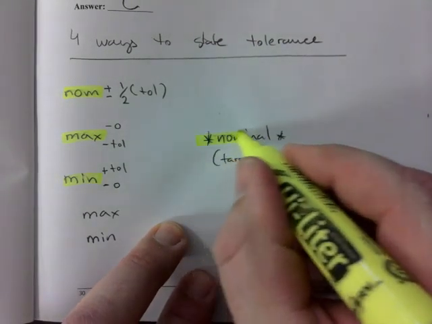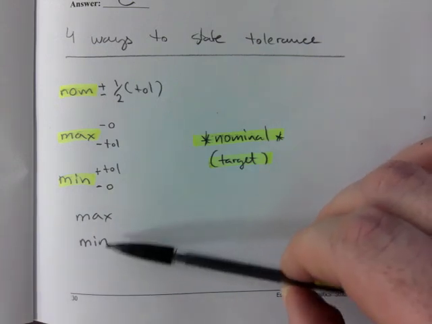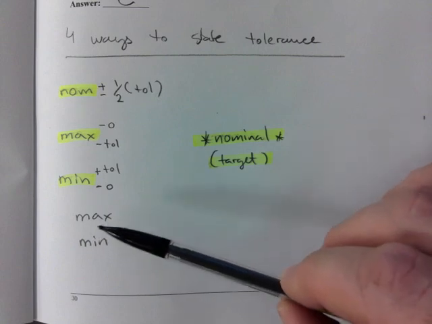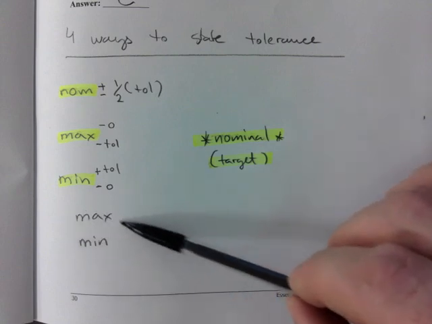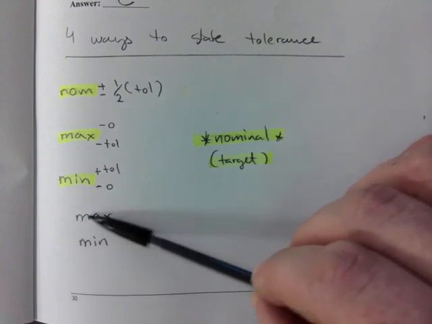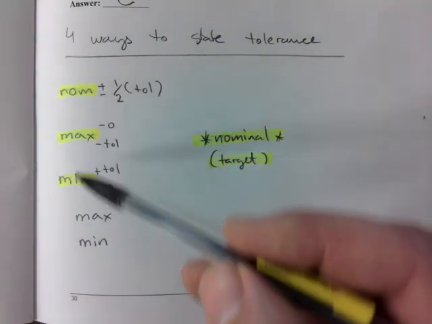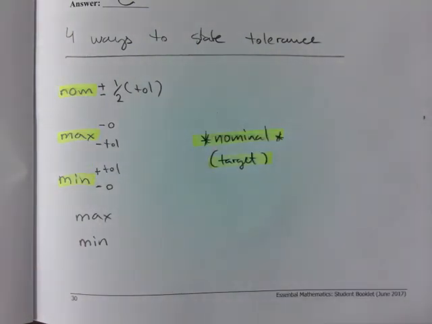So I will highlight that in this way. And you're like, what about the last one, Mr. Dirksen? There's no nominal there. The province tells us that in these cases, they will not really ask us for the nominal. If it's just min and max stacked, they're not going to ask for it. So you just need to know in these 3 scenarios, there's nominal.